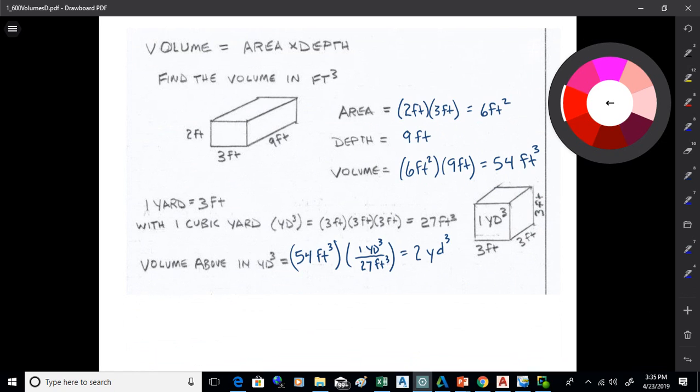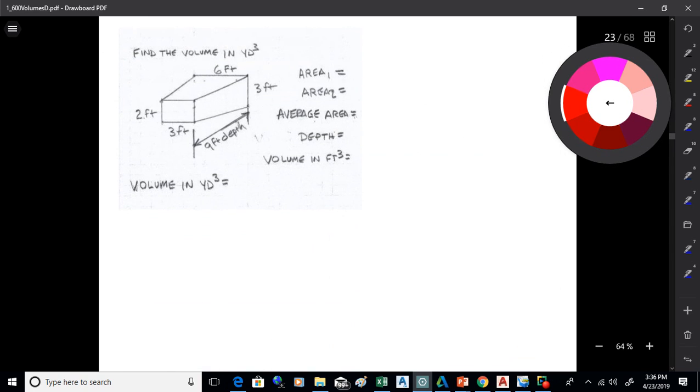All right, now, as you see on page 615, we don't always have the same area on both sides of the depth, okay? So if the area changes, like you see there, you're going to have to find that first area and the area in the back. And they're not the same anymore. See, they're different.